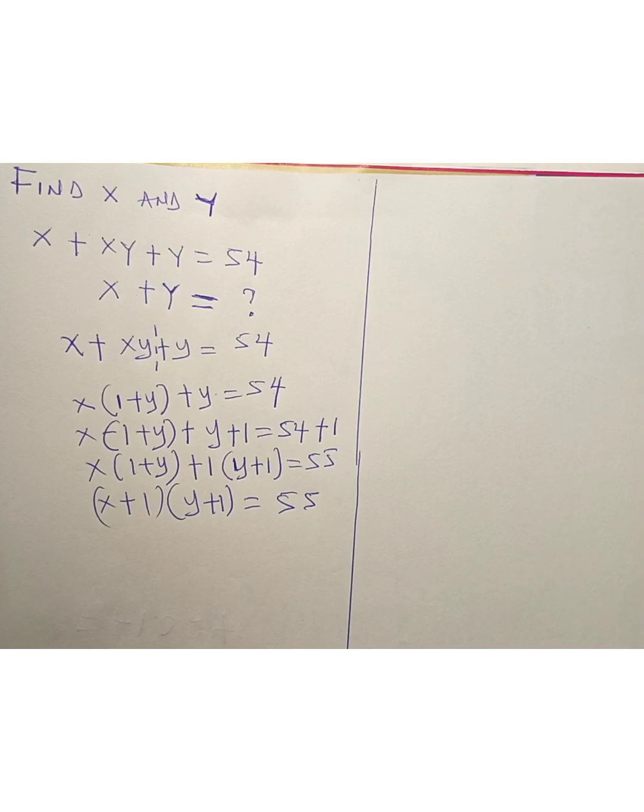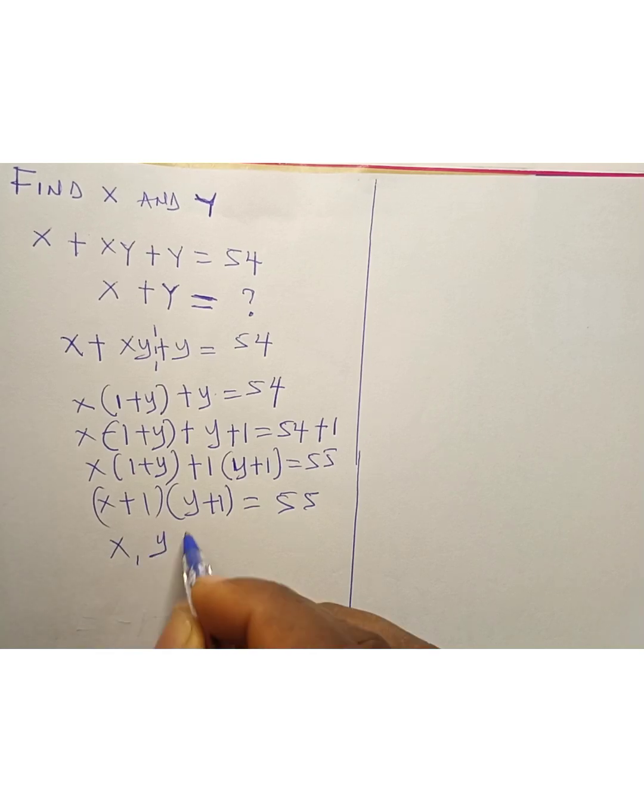Now we already know that x and y are positive integers. Then what will x plus 1 and y plus 1 be? Since x and y are positive integers, x and y will surely be greater than or equal to 1.